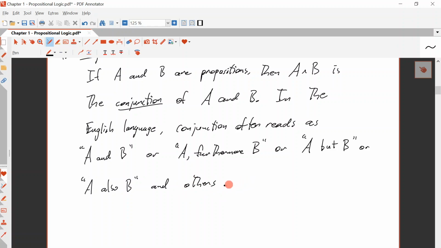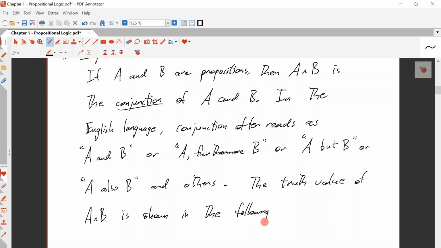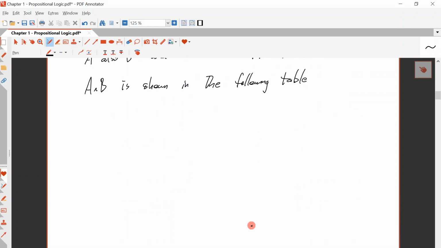Okay, the truth value of a conjunction B is shown in the following table.